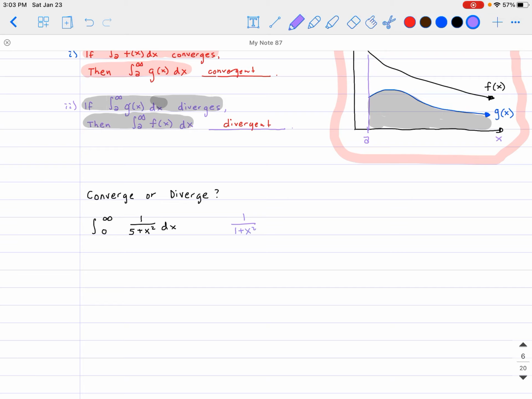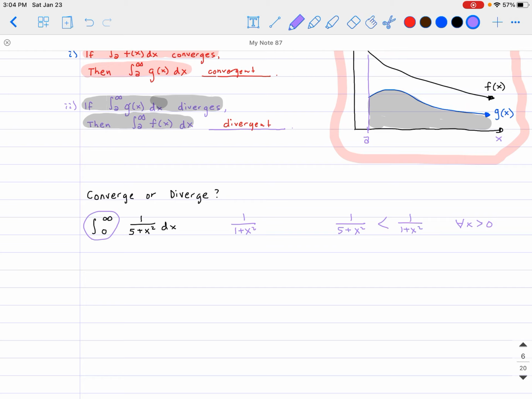If you look at the two functions, 1 over 5 plus x squared, and then 1 over 1 plus x squared, since x is greater than 0 because of my boundary, I can conclude that this is going to be underneath it.